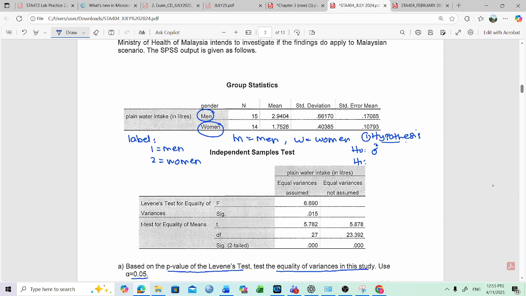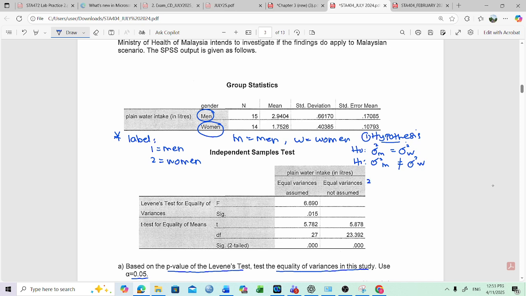Variance for men equal to variance for women. Can you see here? My label is M and W, but you can also use 1 and 2 as long as you write the label. And the other one, variance for men unequal to variance for women. This is the first step, stating your hypothesis.